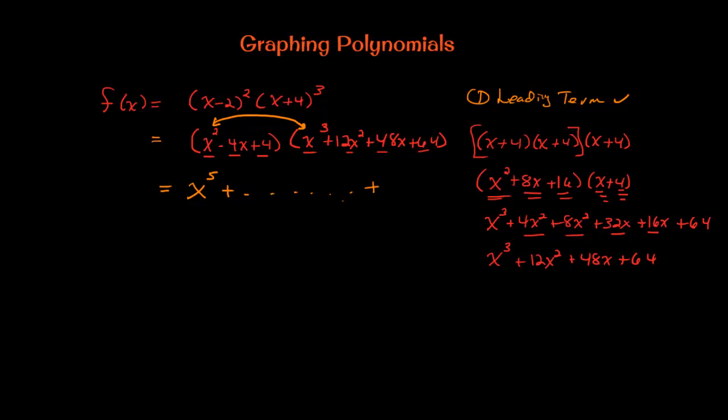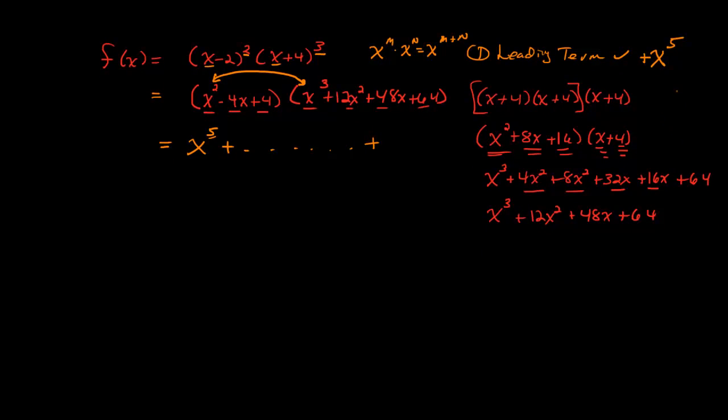All I care about is the leading term. When I have two of the same bases multiplied together, I add their exponents, so 2 plus 3 gives me 5. So my leading term for this polynomial is a positive x to the 5th.